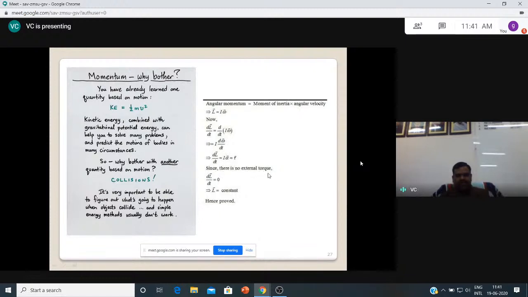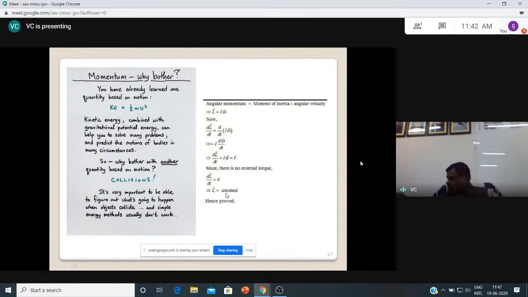Since there is no external torque, this term is 0. Obviously, the momentum is conserved. L is constant. The initial momentum is equal to the final momentum.